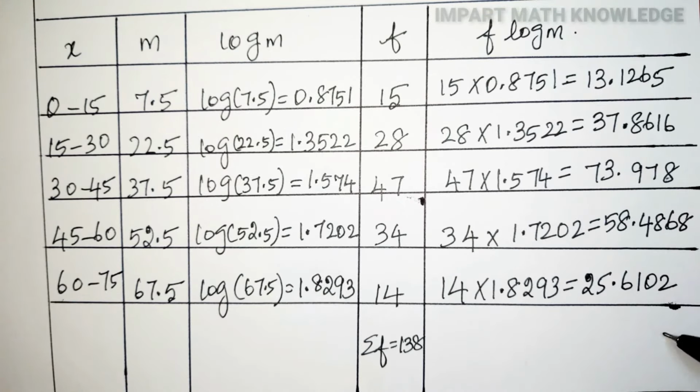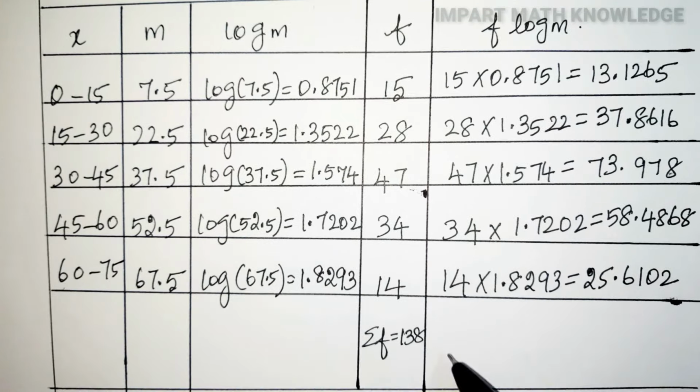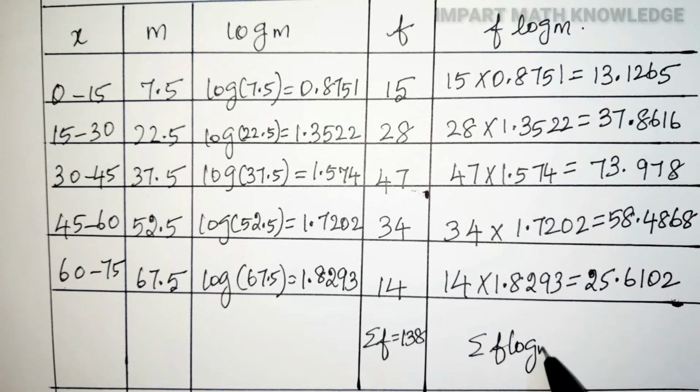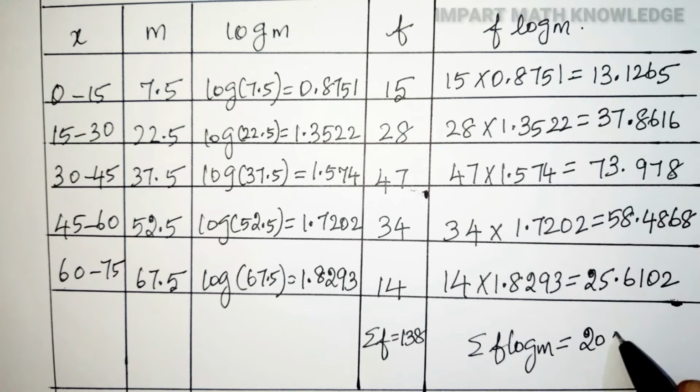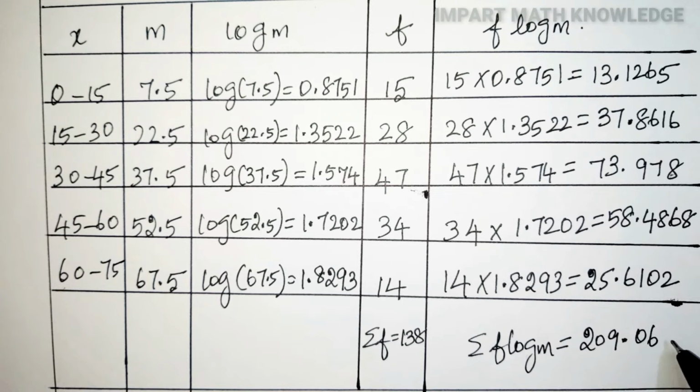Now we have to find the total for f log m. Sigma f log m is equal to 209.0631.